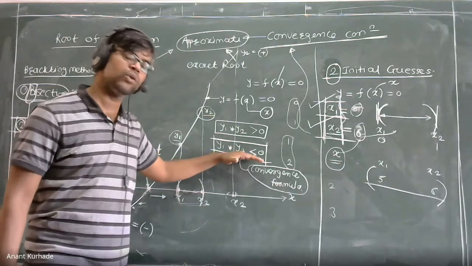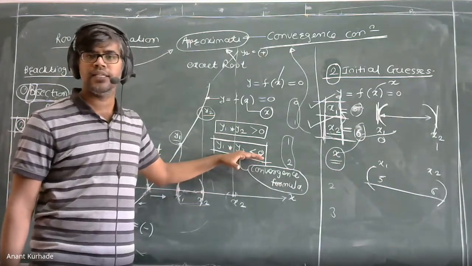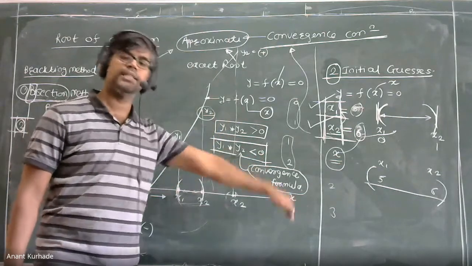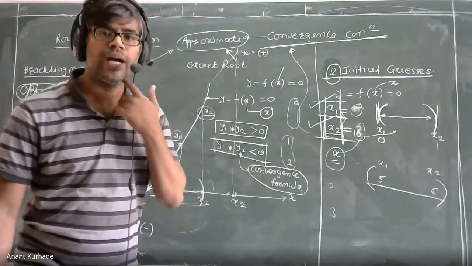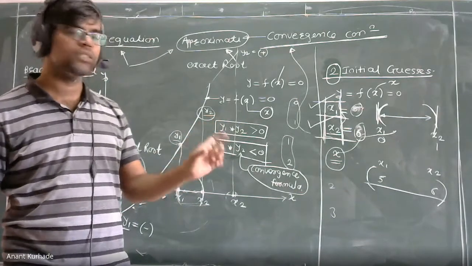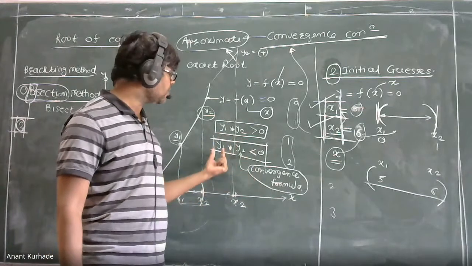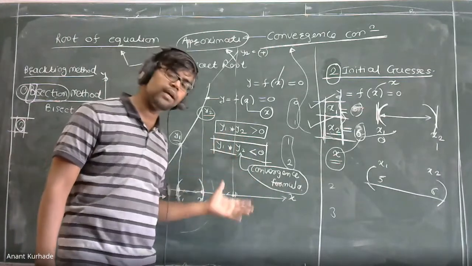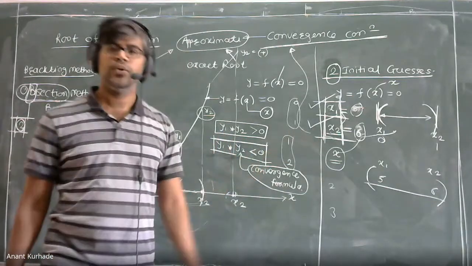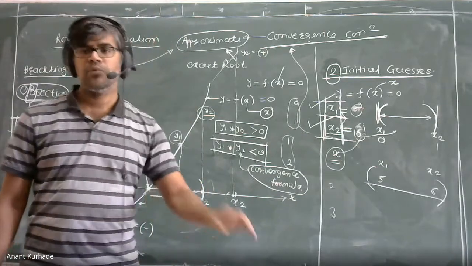If y1 into y2 is greater than 0, then we can say the provided initial cases are wrong. But if the cases are given in the problem statement, those should be correct, but we have to show it again. Find y1, y2, take the multiplication. If it is less than 0, we can say the root lies between, and these initial cases are correct. Up to this, any doubt?